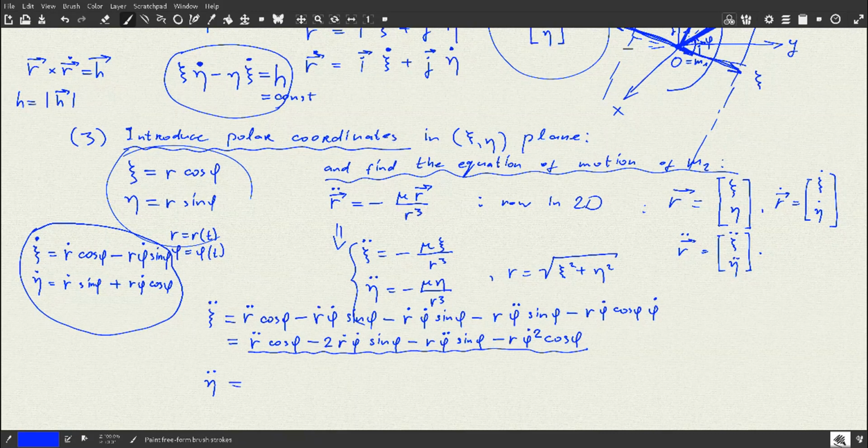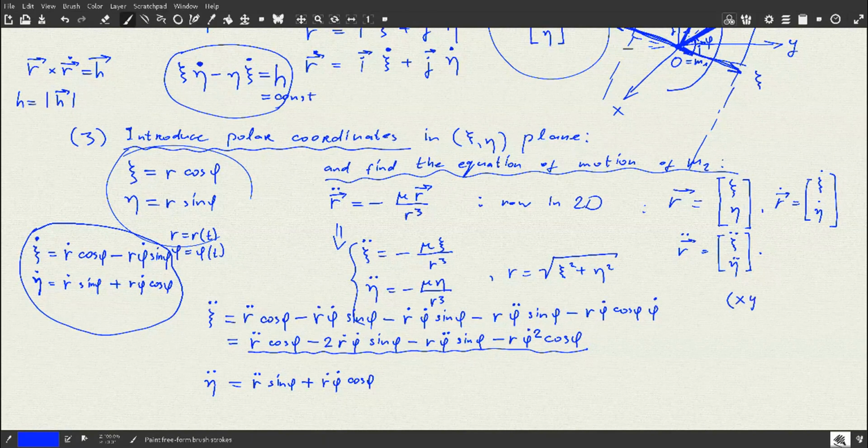Eta double dot, differentiating this once again. You see, we have eta dot, now differentiating once again. R double dot sine phi plus r dot phi dot cosine phi. Now differentiating the second term, r phi dot cosine phi. Once again, I'm using a very easily established fact from analysis.